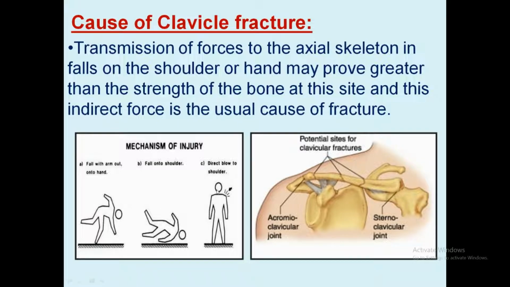So these are the three images, it would be clear. So this is the mechanism of injury. So this is the potential site. These are the potential sites for the clavicular fracture.